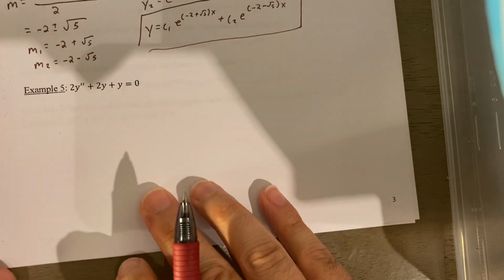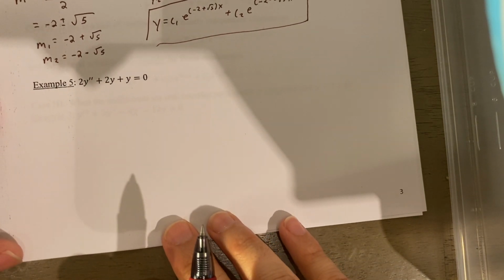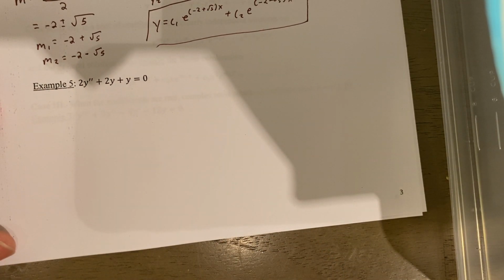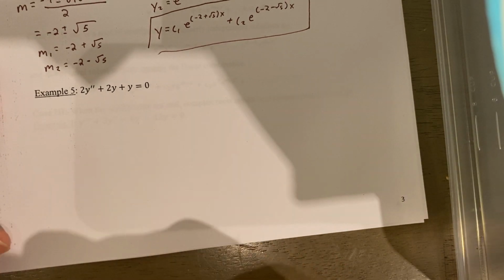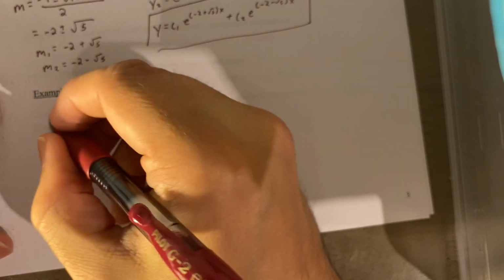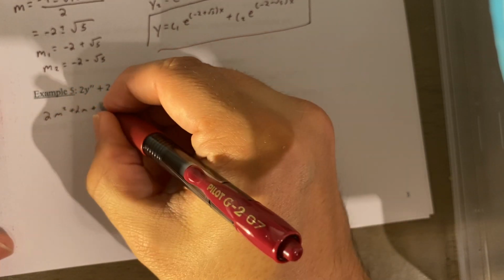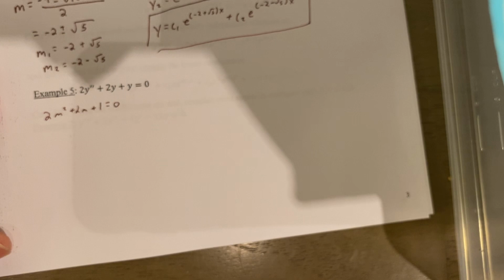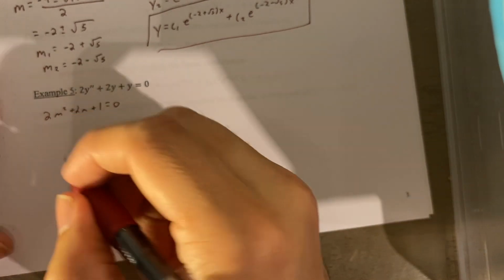All right, moving on to the last one. I have 2y double prime plus 2y prime plus y equals 0. And again, I'm going to substitute in, so 2m squared plus 2m plus 1 equals 0. When I look to find my zeros, I realize that I'm going to again have to use the quadratic formula.